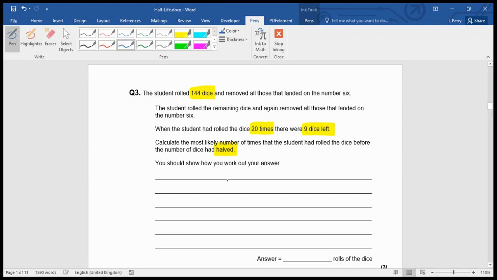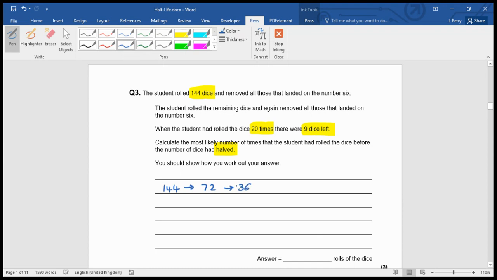So remember the trick to any half-life question: halve, keep halving. So I start off with 144. Type that into my calculator. Let's halve it once. Gives me 72. Halve it again. Gives me 36.